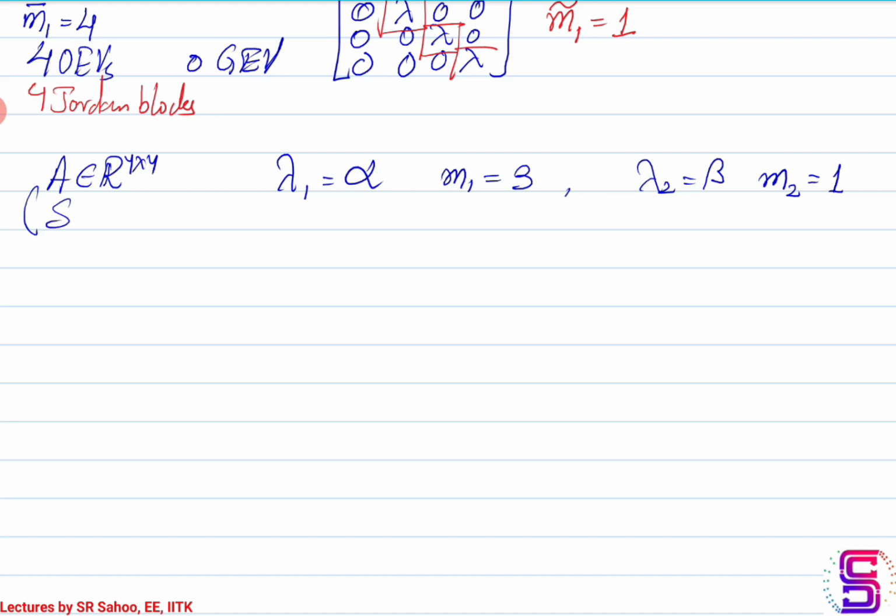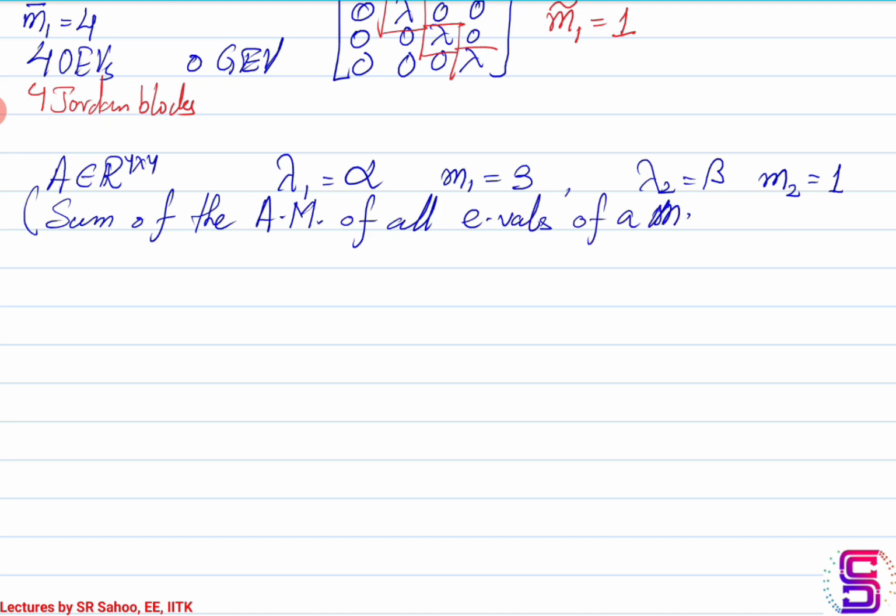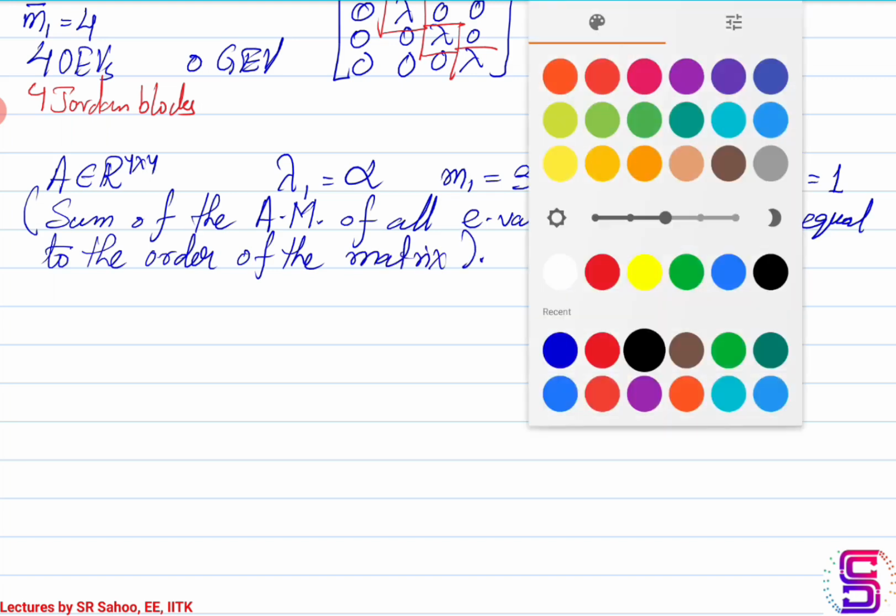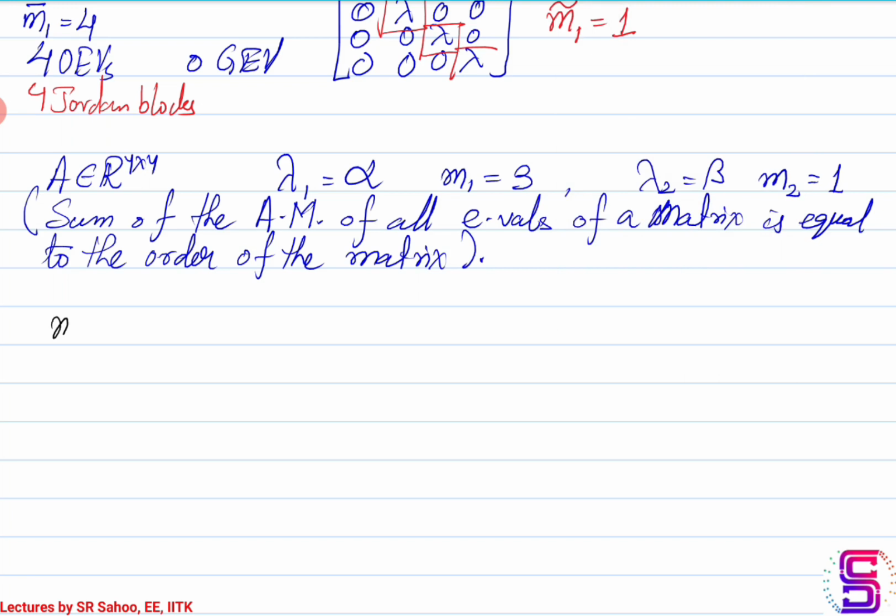Okay, I'll need this. Sum of the algebraic multiplicity of all eigenvalues of a matrix is equal to the order of the matrix. Okay, remember this.